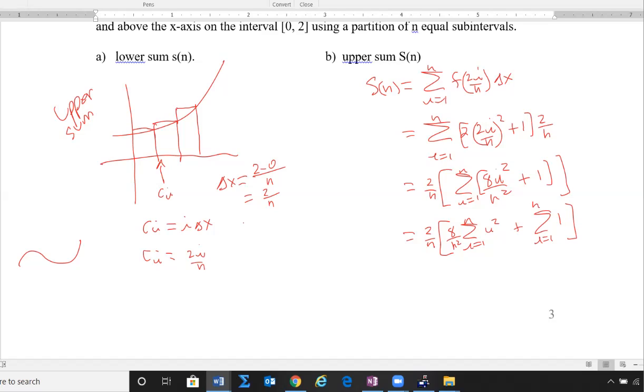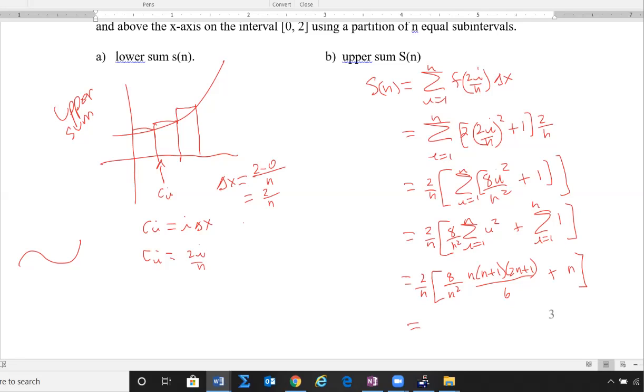And this would come now 2 over n. This first term is going to be 8 over n squared, summation i squared again, which is n plus 1, 2n plus 1 over 6, remember? And then this other one, summation of 1, is just going to be n.